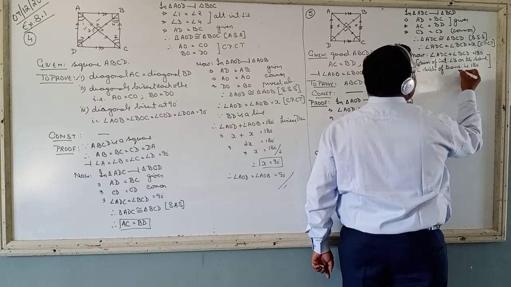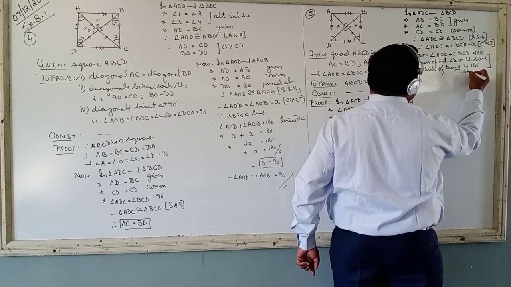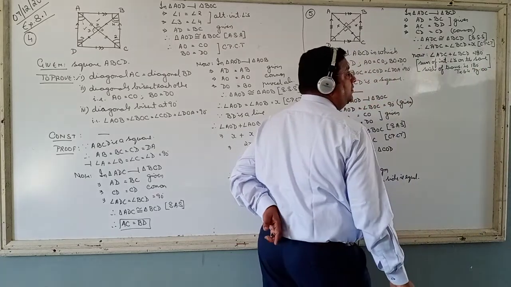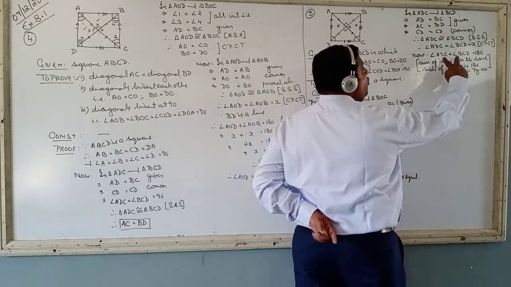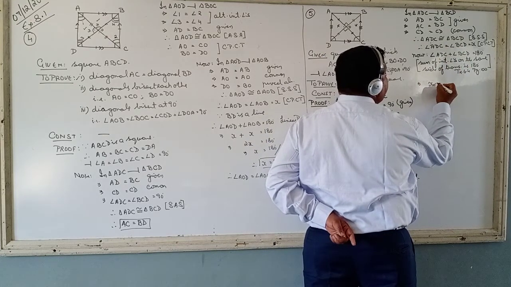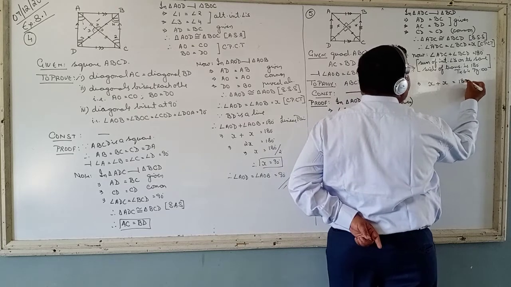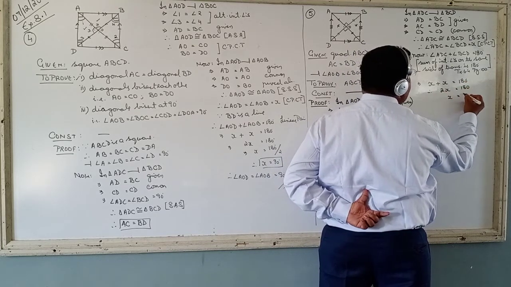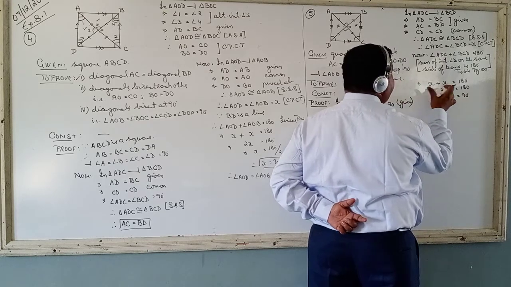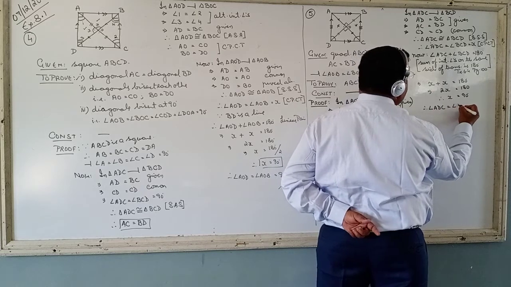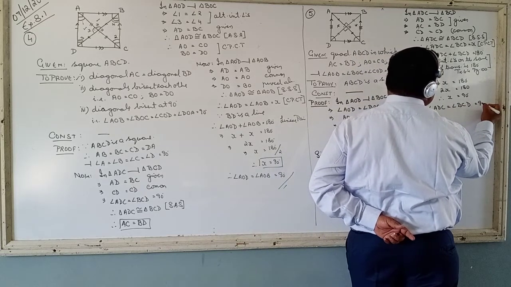That is theorem number 6.4, page number 100 of your textbook. And both of them are equal, as we can say. So therefore, x plus x is equal to 180. So 2x is equal to 180. So x is equal to 90. So therefore angle ABC is equal to angle BCD is equal to 90.